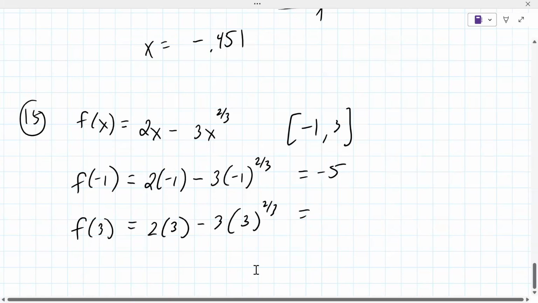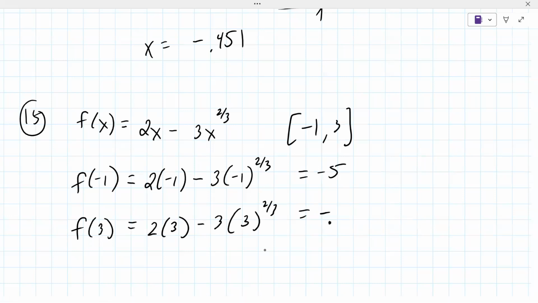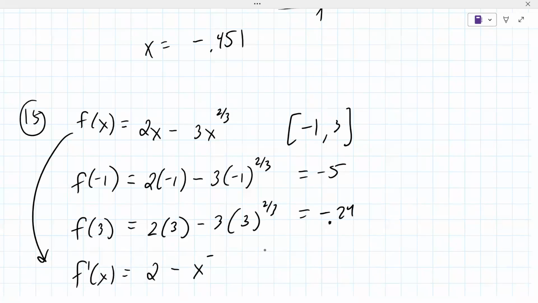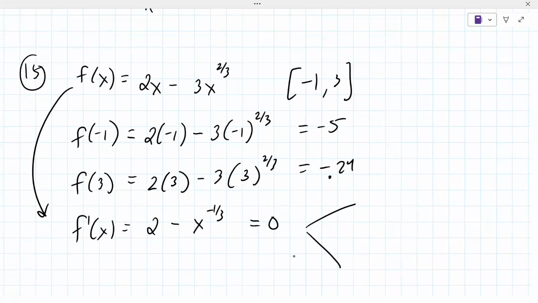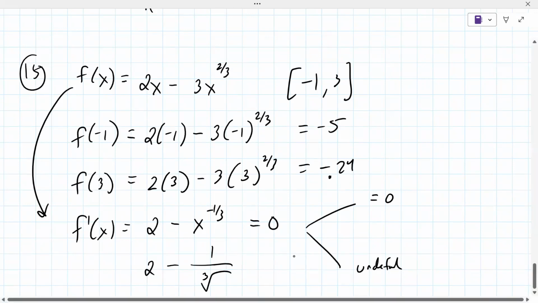Okay. And what do I do from there? So now you have to take a derivative. Derivative of x is 2 minus x to the -1/3 power. Set it equal to 0. Now there's two things you're looking for. The first is where it literally does equal 0. The second is where it's undefined. It's undefined because you're dividing by 0 when x is 0.